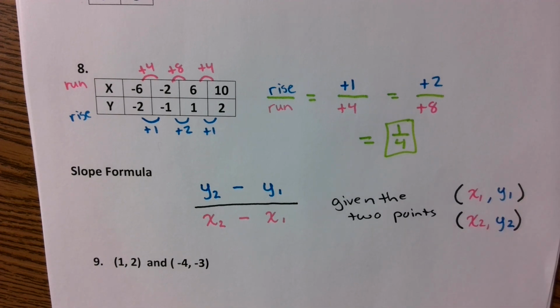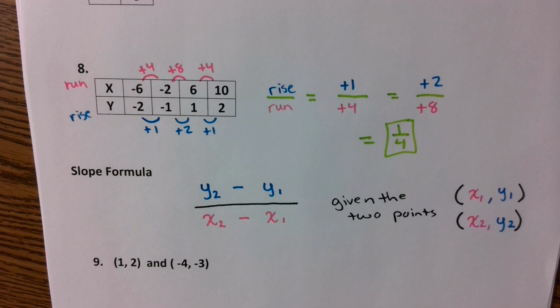Okay, they are 2 separate points from each other. Does it matter which point you label as your x1, y1 and your x2, y2? No. As long as you are consistent. If you decide that this is your x1, then that has to be your y1 with it. Okay, whatever is your first point, and then whatever is your second point. So you're taking your second point and subtracting your first.